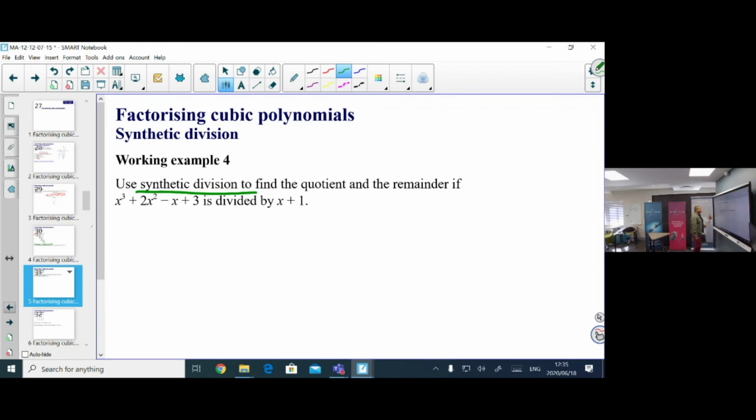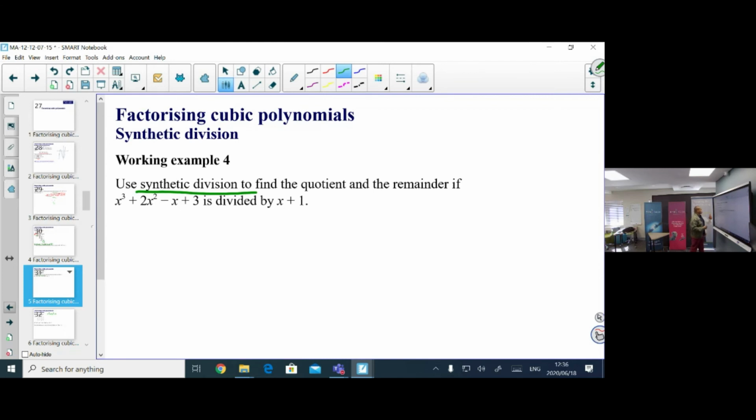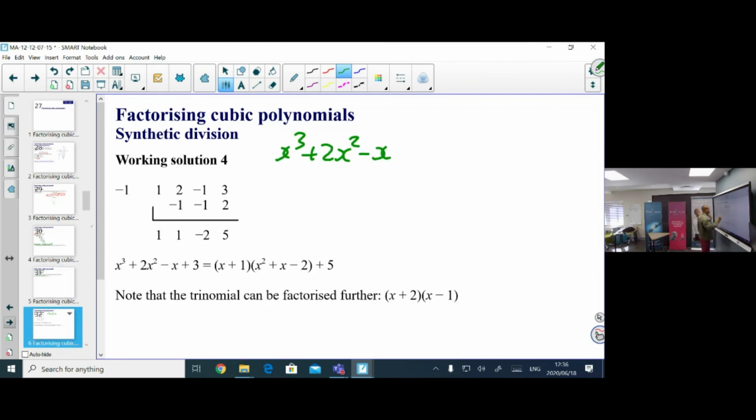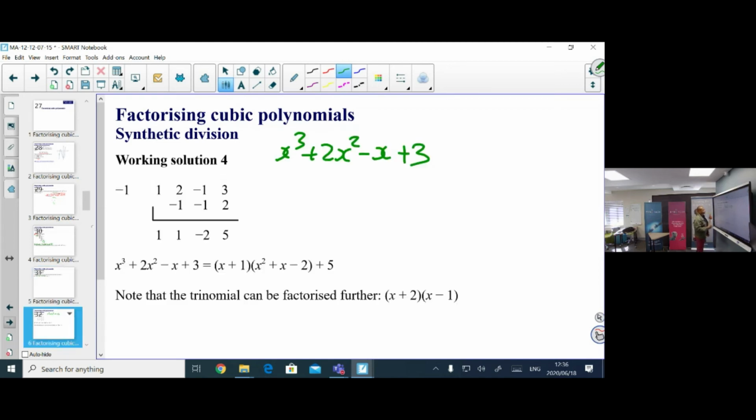We have x cubed plus 2x squared minus x plus 3, which we have down here. But we are dividing it by x plus 1.